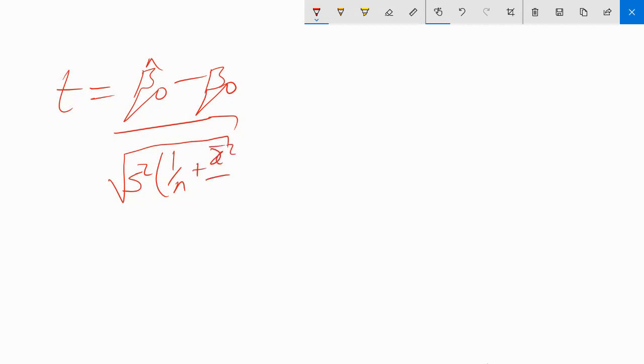Then we have x bar squared divided by SSxx, which should be inside the square root. And this follows a student T distribution with n minus 2 degrees of freedom.